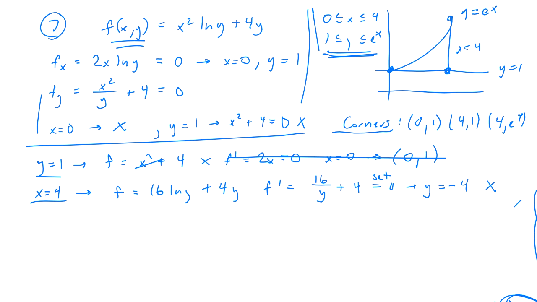And finally, the last one is the function y equals e to the x. So if I plug that in, what do I get? I get x squared times e to the x, so x cubed, because ln of e to the x is x.